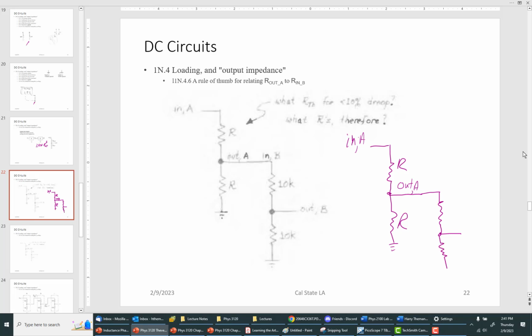In fact, what these can be is amplifier stages as well. But we can still treat the amplifier stages as voltage dividers. That's why I'm emphasizing that we need to learn this, so why it's so important.